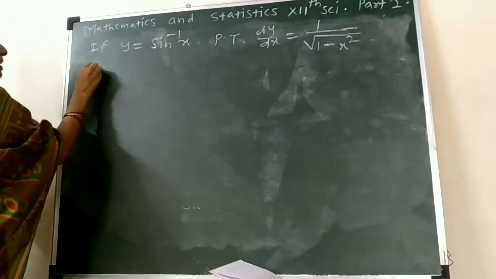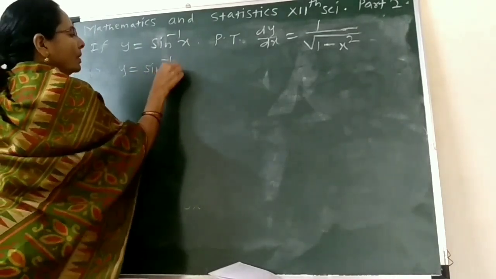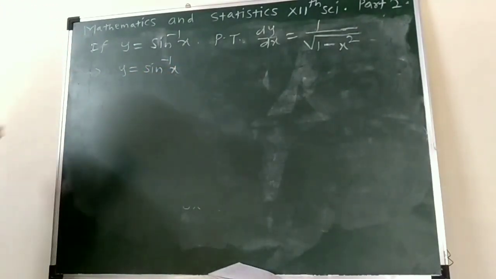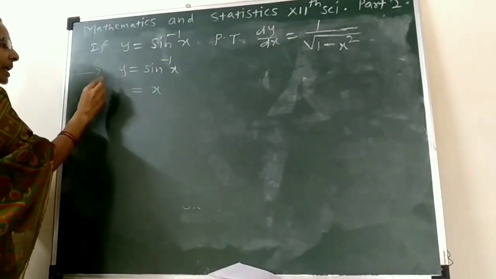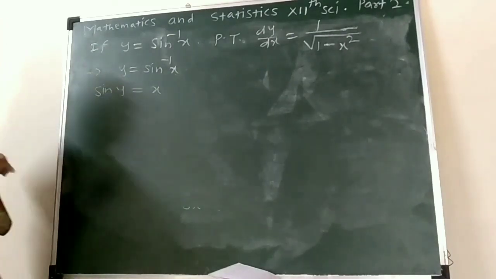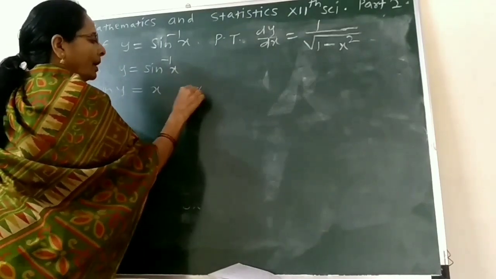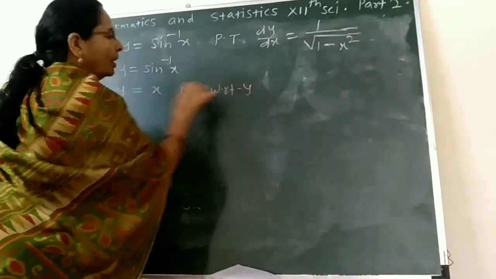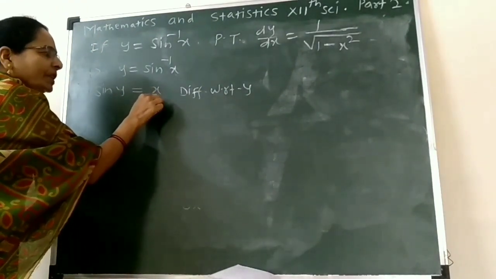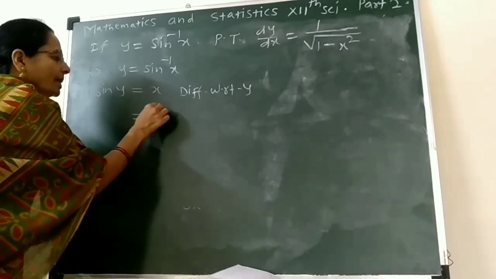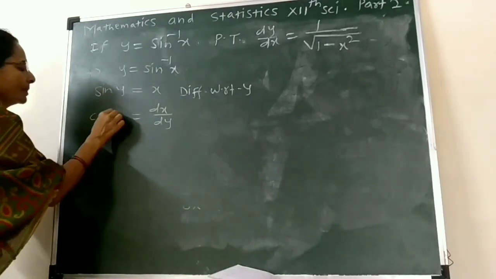For the proof, y is equal to sin inverse x, x is equal to sin y. Differentiate with respect to y. Derivative of x with respect to y is dx by dy. Sin y derivative is cos y.